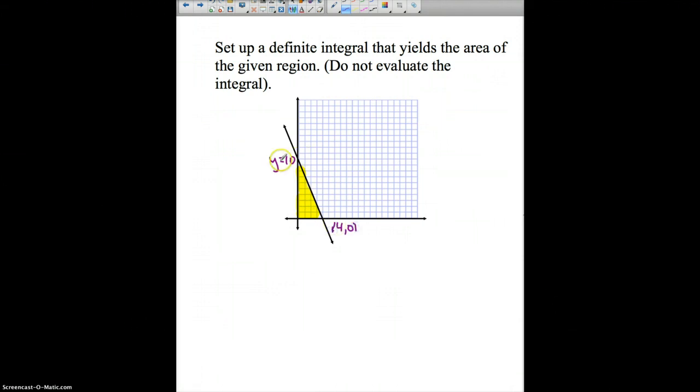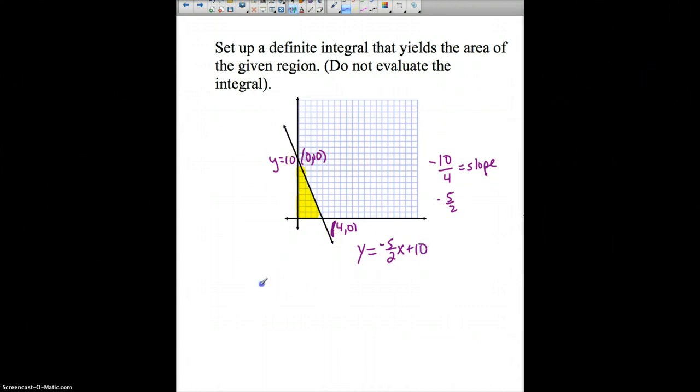So the slope would be 10 over 4. Sorry, negative 10 over 4, down 10 over 4, which reduces to negative 5/2. And then our y-intercept is 10, so y equals mx plus b. That's the equation of that line.